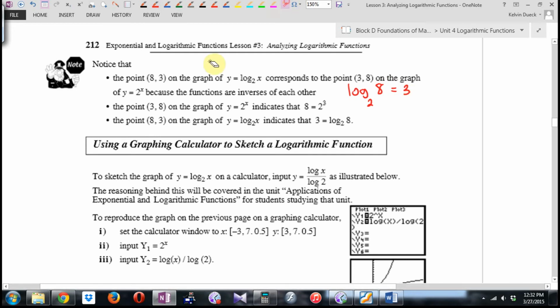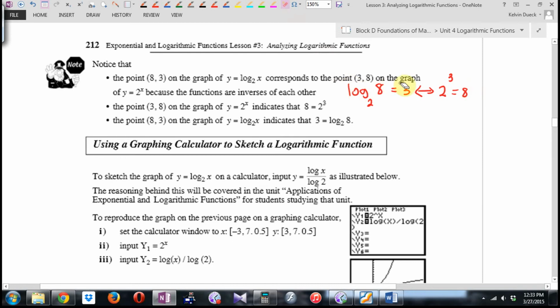That's the only way that I can fit (8, 3) into that equation. That's the same as saying, and once you write that down, I'd like you to look up so you can see how these numbers move around, that's the same as saying 2 to the third equals 8, because that is true. 2 to the third is 8.